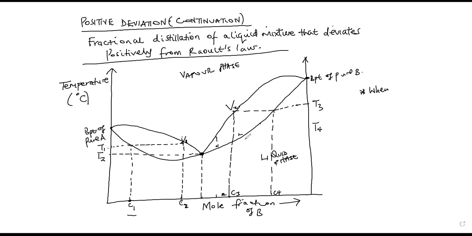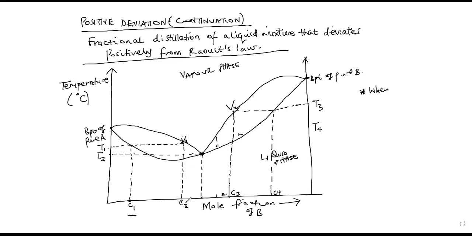Members, let me take you back. We are saying that when a liquid mixture of composition C1 of B is heated, it boils at temperature T1, producing vapor V1, which is richer in B. Condensing this vapor will produce a liquid mixture of composition C2, which is similar to that of vapor V1.